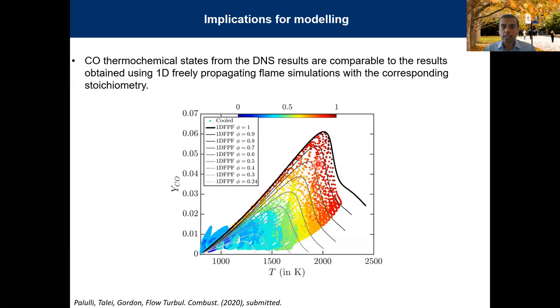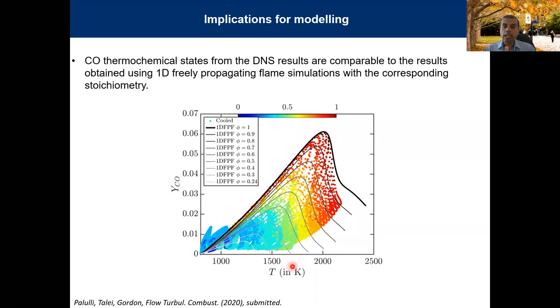It seems that, for example, at high equivalence ratio, all the reds are sitting here close to the black line. And these black lines, the solid black lines, are actually the laminar flame solutions for individual equivalence ratios. So if we have a bunch of laminar flames at different equivalence ratios, that's how they look in terms of YCO as a function of temperature.